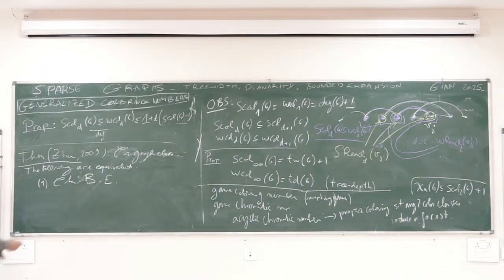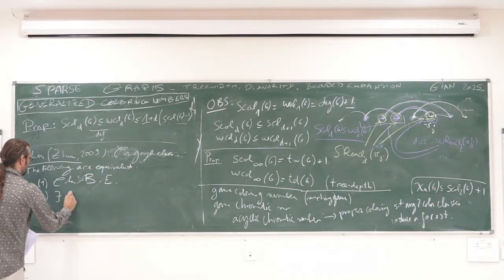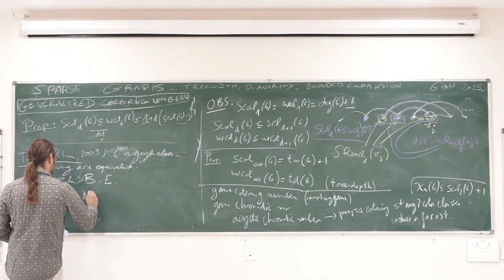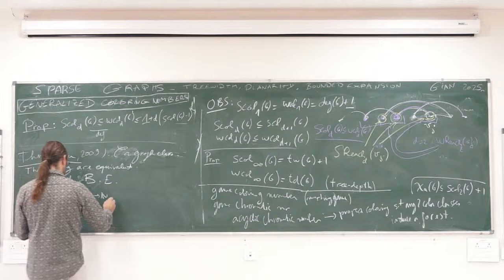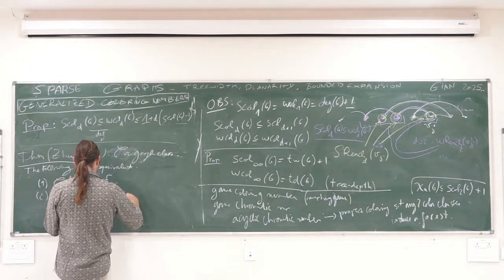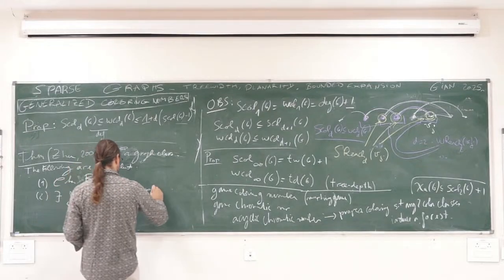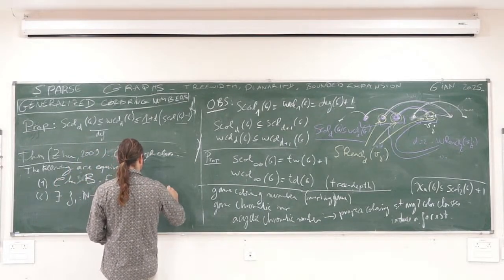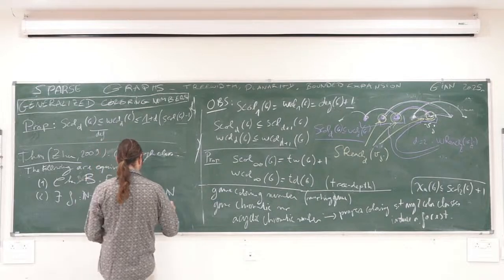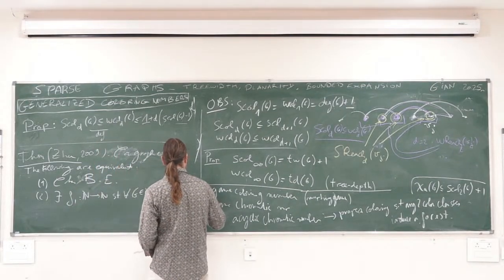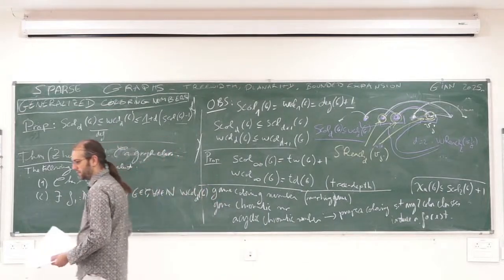So I'm going to take this. There's just the first function, f1, such that for every G in your class, for every d in the natural numbers, the weak coloring number is bounded.